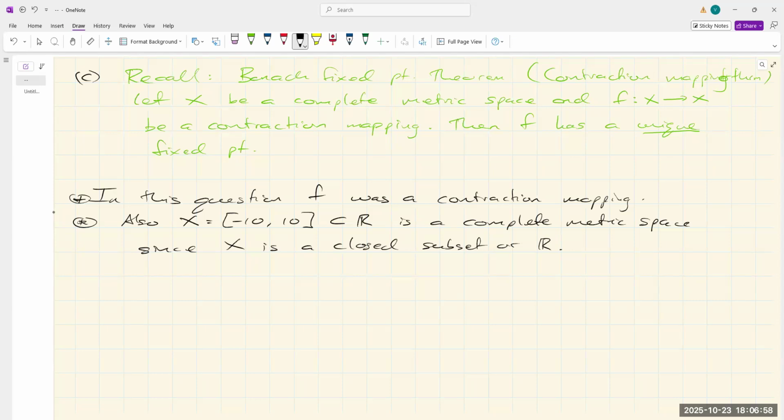So if you look at the Banach fixed point theorem, it seems that we should have gotten at least a fixed point, because we have a complete metric space and we have a contraction mapping on it. So what went wrong?